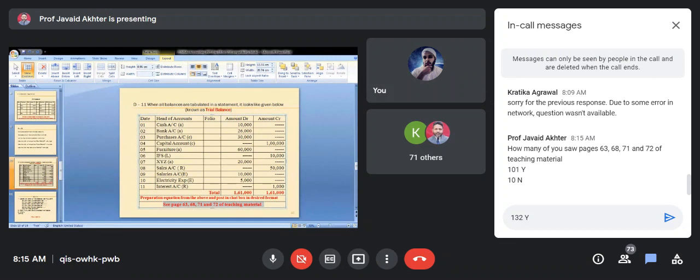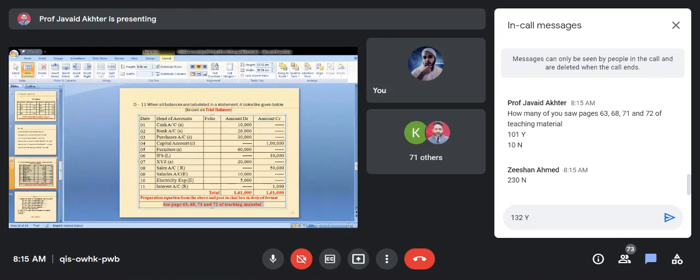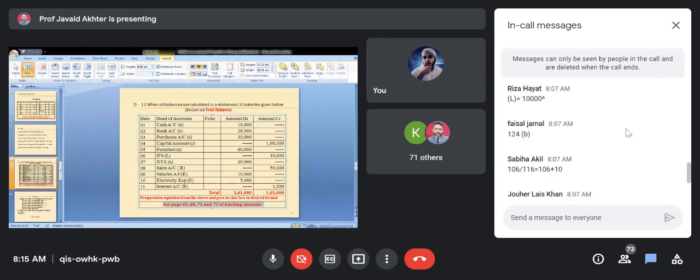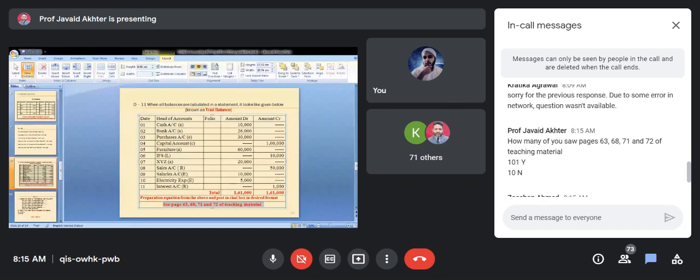I am sitting right here holding that assignment with me. Just write 101 yes or 101 no. I have got the material in front of me. Those of you who are writing yes, I will ask them the question.